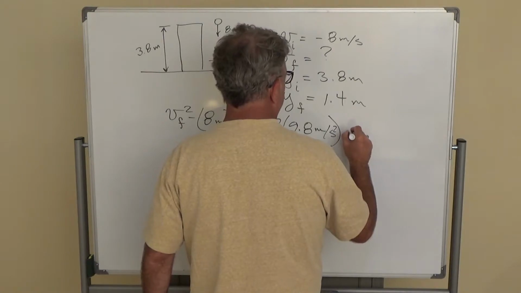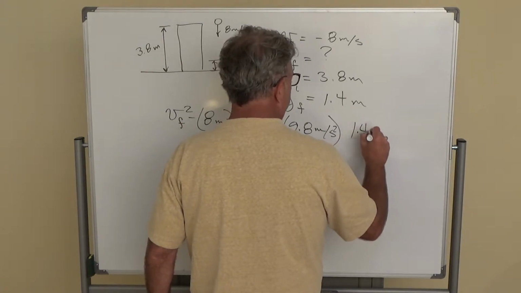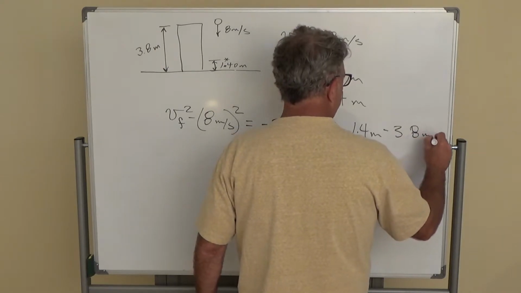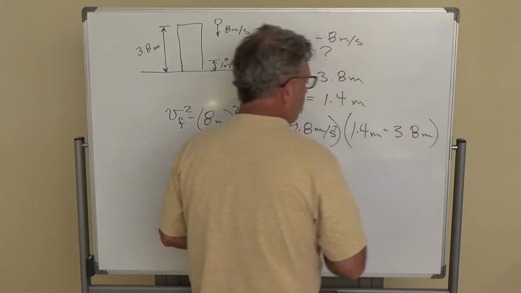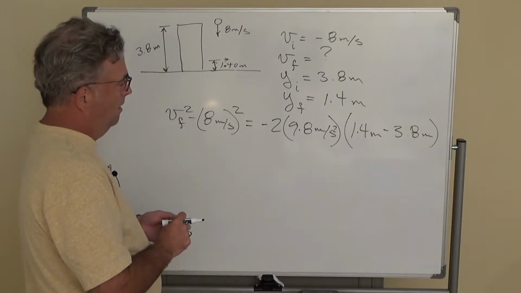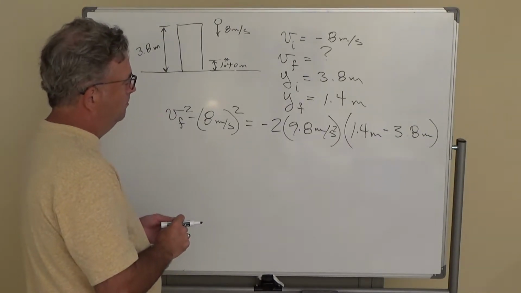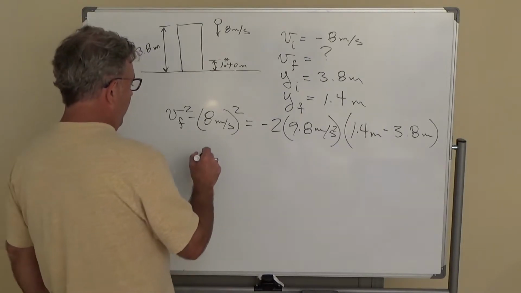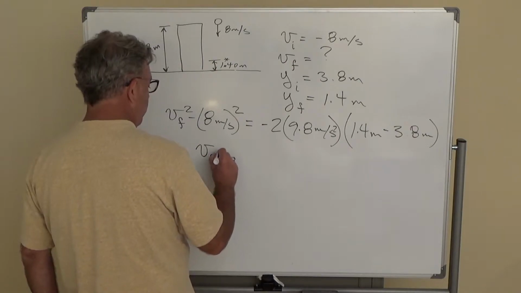So this is 1.4 meters minus 3.8 meters. Okay. So you're going to get an answer for V final.